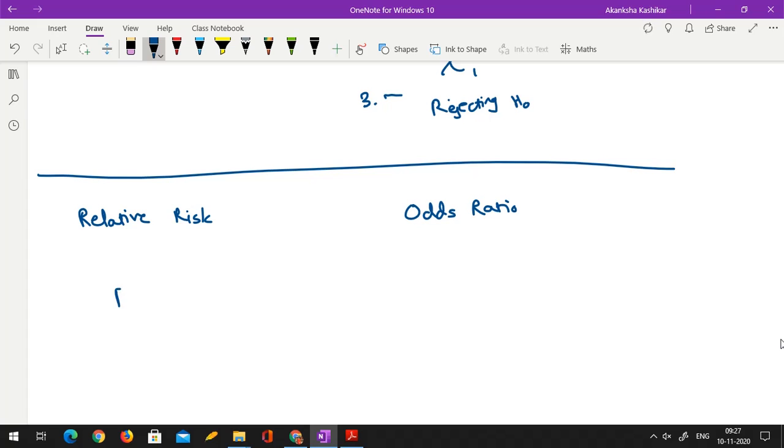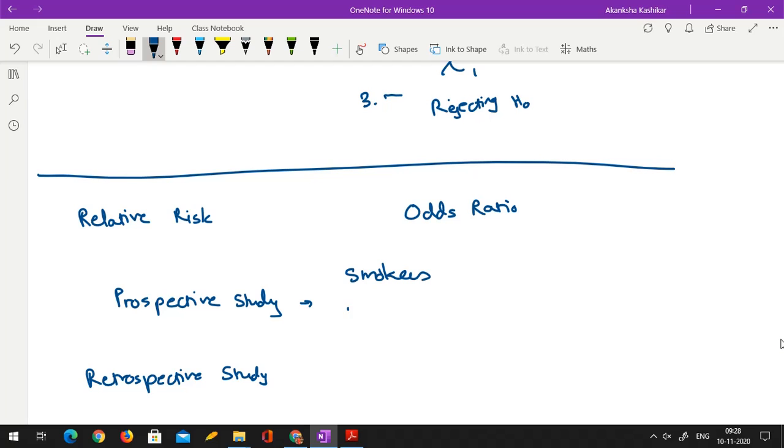Generally, there are two types of studies. One is known as prospective study and the other is known as retrospective study. So what we do in a prospective study is, suppose in this smoking lung cancer example, I'll first take a sample of some smokers and a sample of non-smokers.